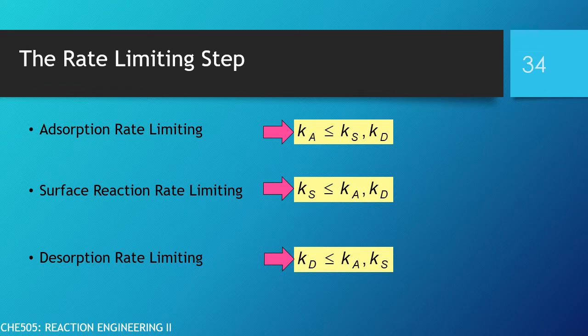And finally, for desorption rate limiting, the rate constant of desorption is very small compared to the rate constants of adsorption and surface reaction. So when the Kd value is very small, the desorption process is very slow. Therefore, it limits the overall reaction.